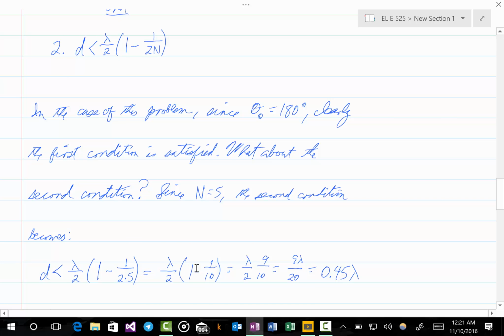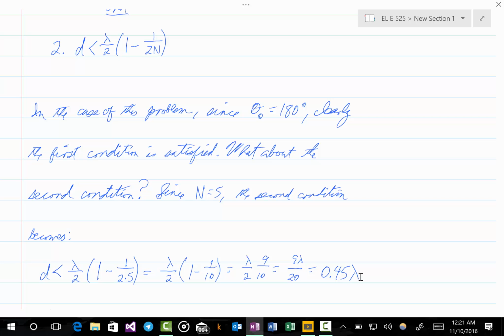So this is lambda over 2 times 1 minus 1/10, which is lambda over 2 times 9/10, which is 9 lambda over 20, or 0.45 lambda. So 0.45 lambda in this case would be the largest possible d that would still satisfy the Endfire condition.